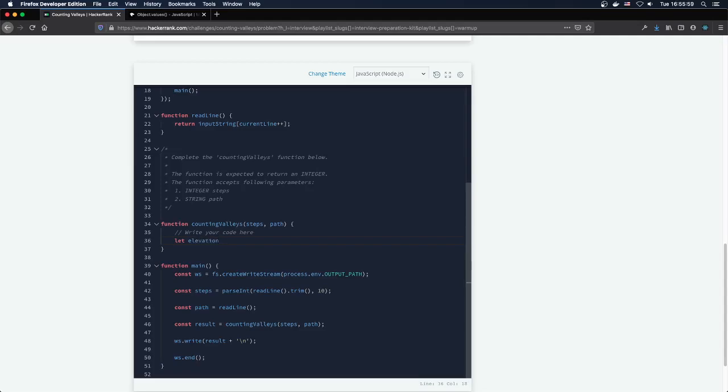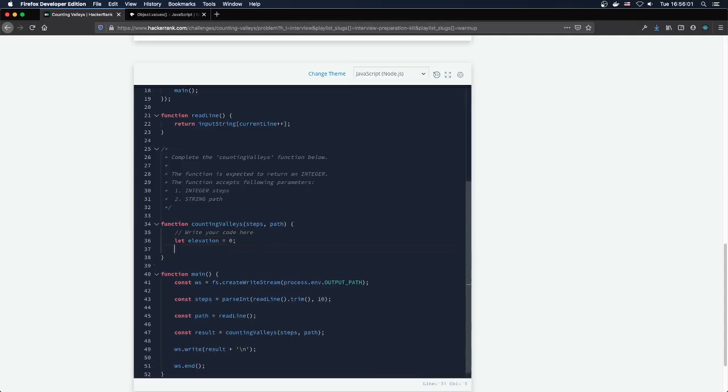So we'll let elevation equal 0 since we start at sea level. Goodness, that took me a while. Okay.